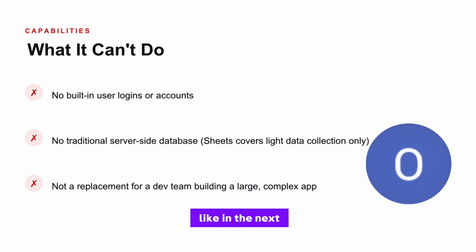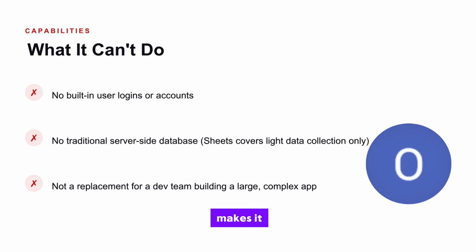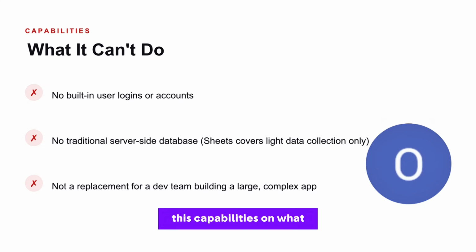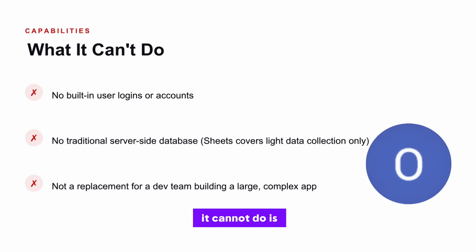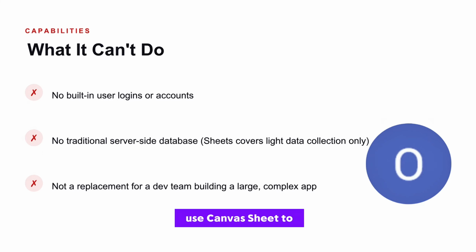In the next 6 months, for instance, what it can do now, it will be able to do better, and there will obviously be additions and upgrades that make it work even more seamlessly and do things that it cannot do in this very moment. So these limitations are right now in this moment: no built-in user logins or accounts, no traditional server-side database. So you can only use Canva Sheet to collect live data, like I've explained.